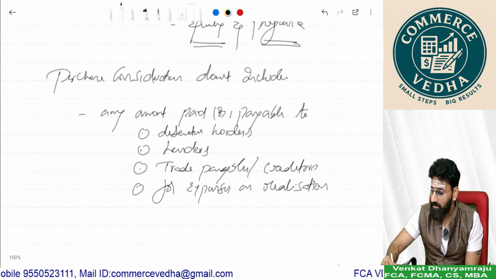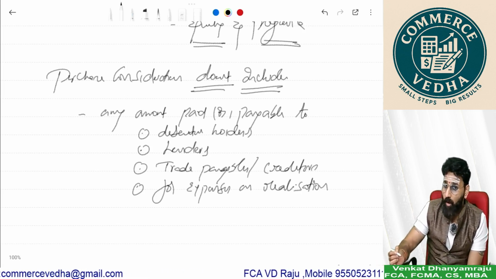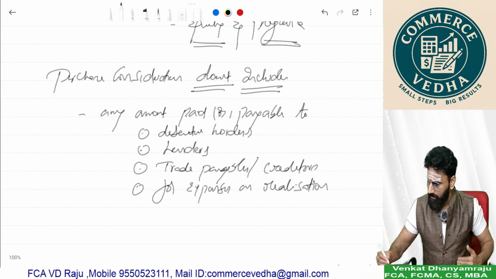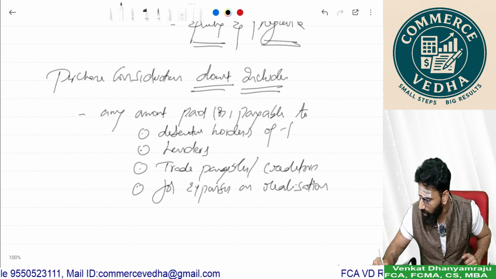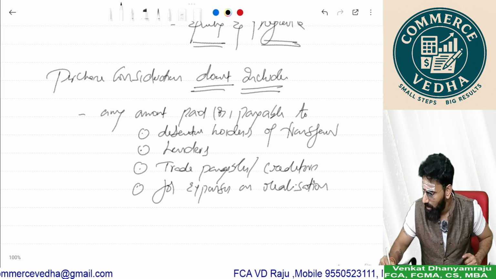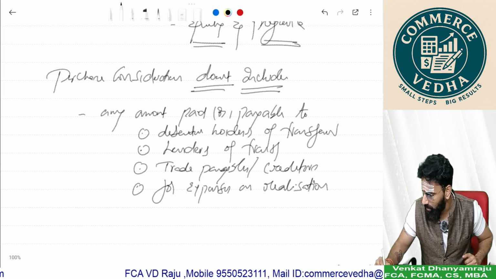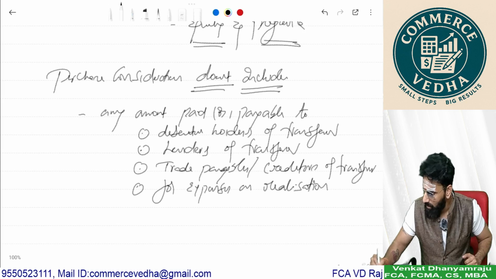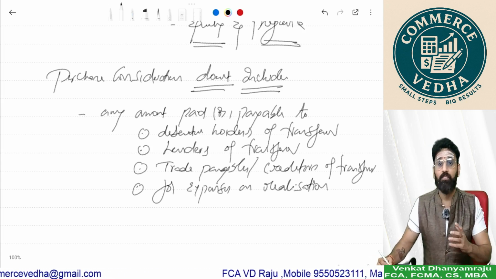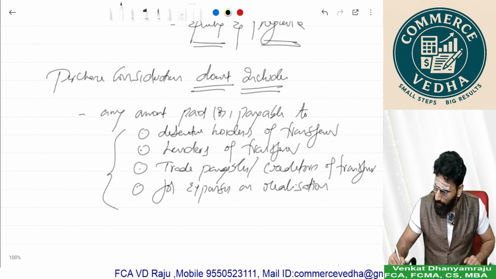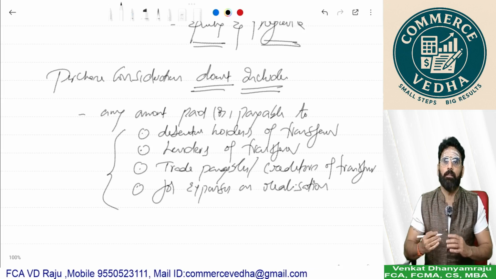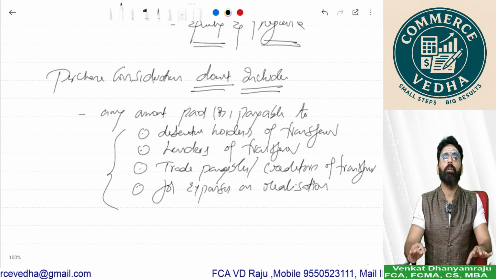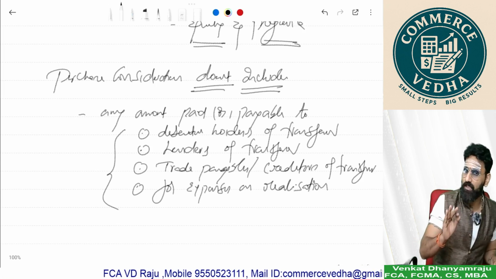Purchase consideration doesn't include any amount paid or payable to the debenture holders of transferor, lenders of transferor, or creditors of transferor, or for expenses on realization. So any amount paid to other than shareholders is specifically excluded from the definition of purchase consideration.